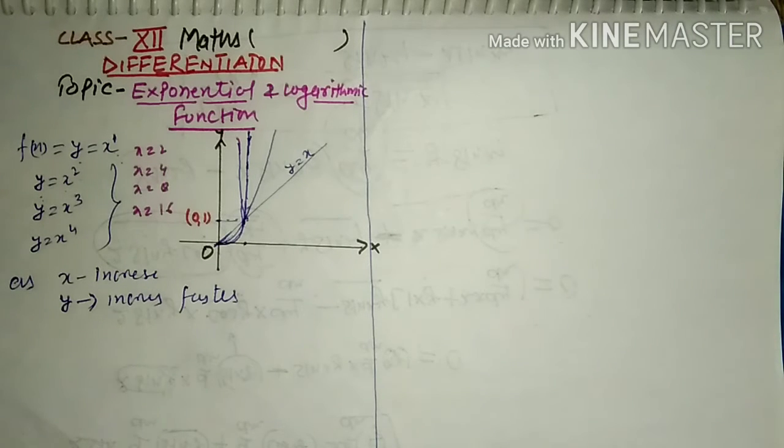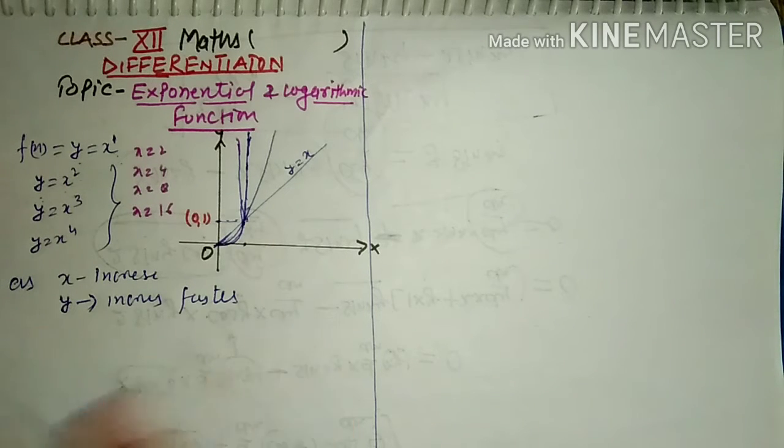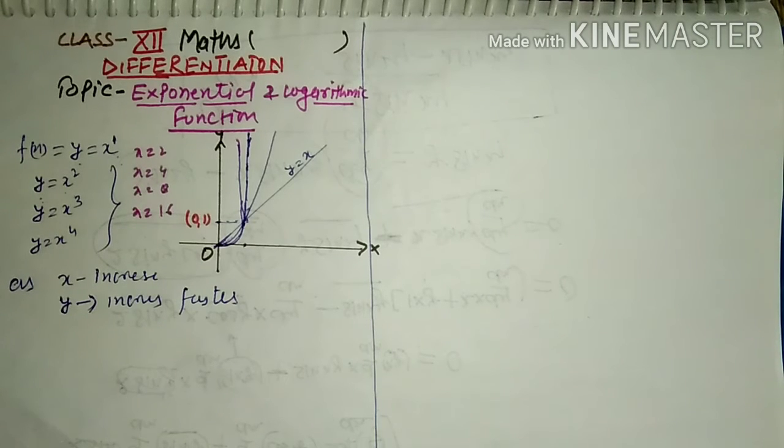Clear? Now the question arises, is there any function which is more steeper than these functions? कोई ऐसा फंक्शन है जो इनसे भी स्टीपर हो, इनसे भी ज़्यादा, लेस वैल्यू पे बहुत ज़्यादा स्टीपिंग हो जाए, y की तरफ ग्रेजुअली इंक्रीज हो जाए? So the answer is yes. Clear?